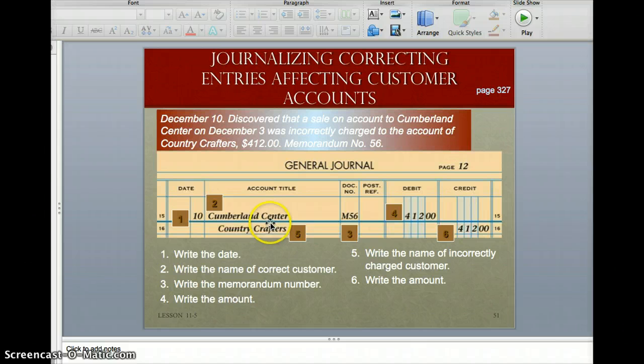In this instance, it was Cumberland Center, memorandum 56, for $412 in the debit. Then you're going to credit the incorrectly charged customer, who in this instance was Country Crafters. You don't need anything here because it's still under memorandum 56, and you're going to credit them $412. So in essence, that's going to take the $412 off of Country Crafters and put it into Cumberland where it should have been.